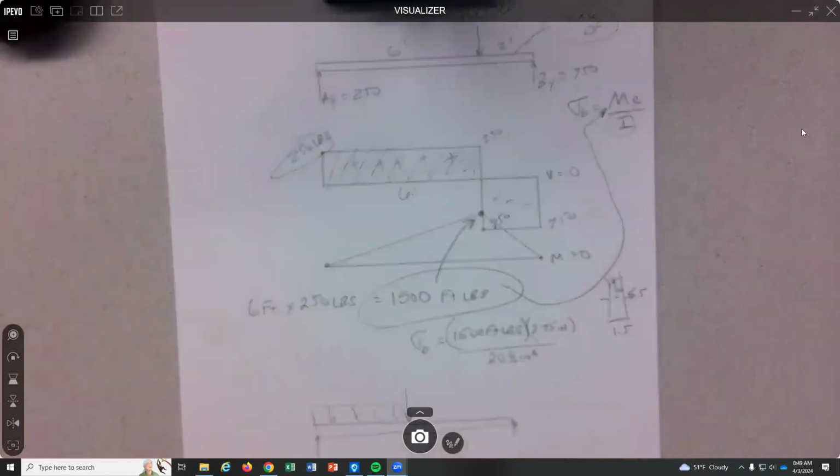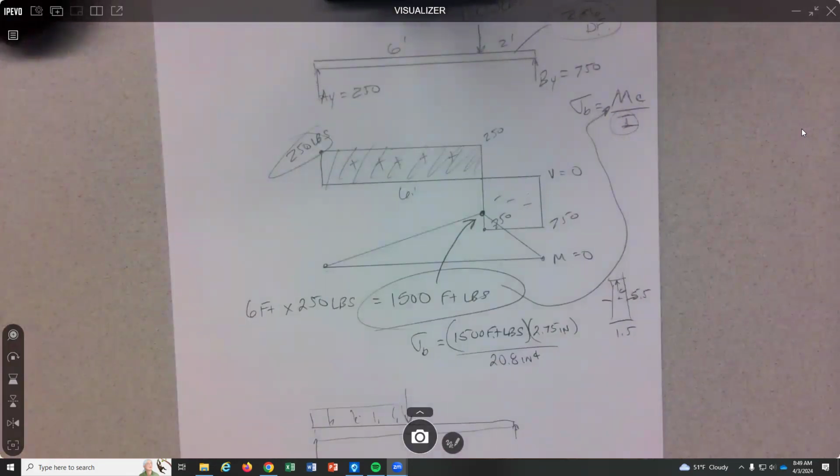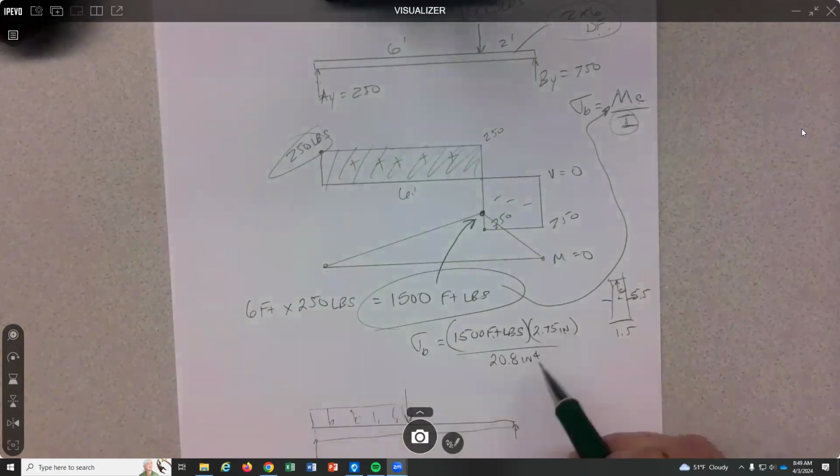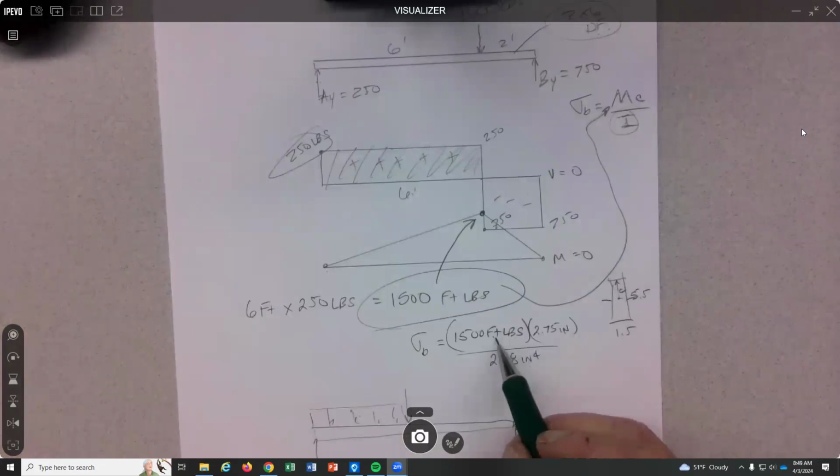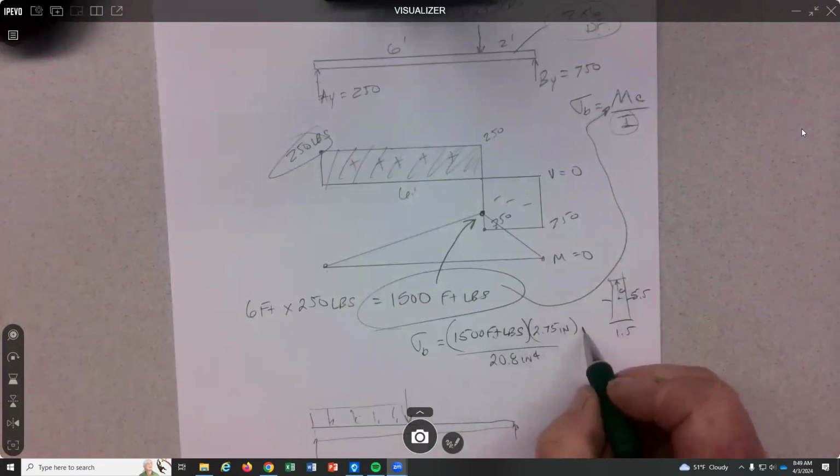So for stress, we want PSI. That's the normal table unit. So really, you just have to convert the feet to inches. Leave the inches alone for C and for inches to the 4th. And then say, oh, I know there's 12 inches per foot.